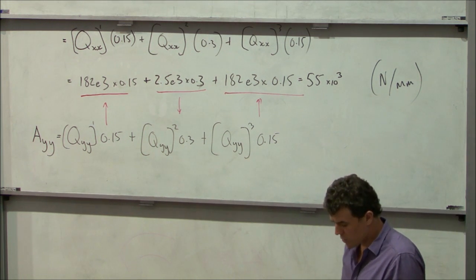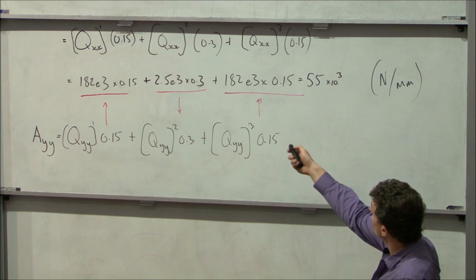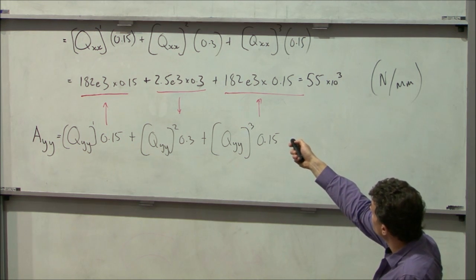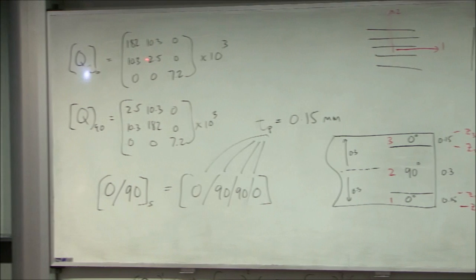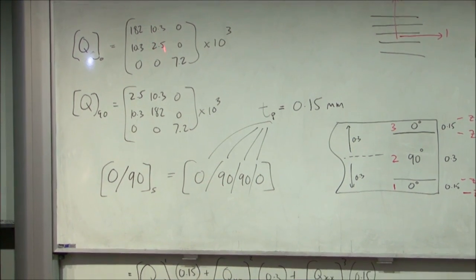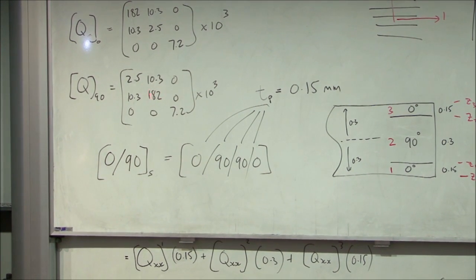So what are the QYY values we're sticking in? Where's QYY? Well, QYY for our zeros is this one here. QYY for our 90s is this one here.